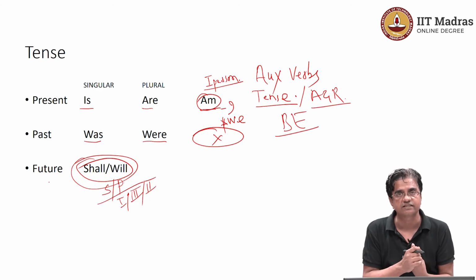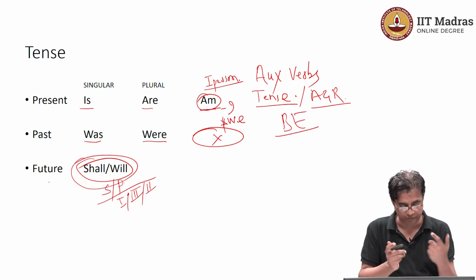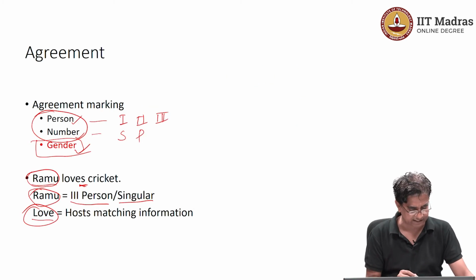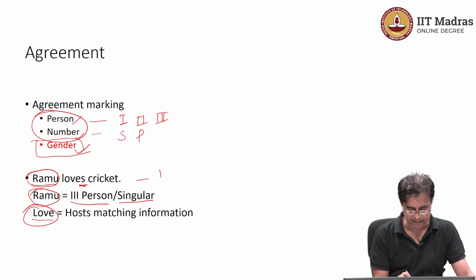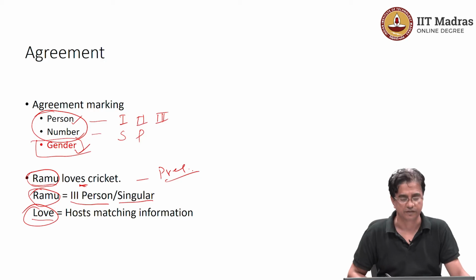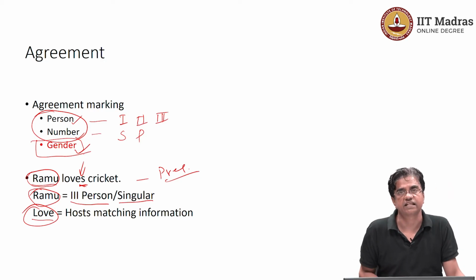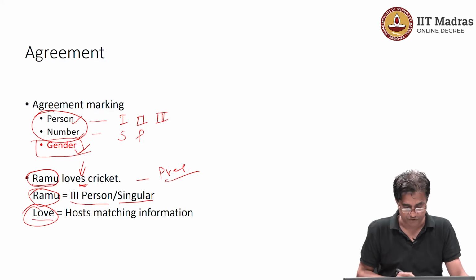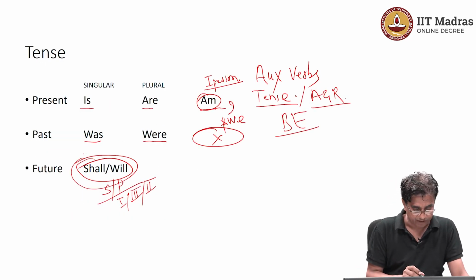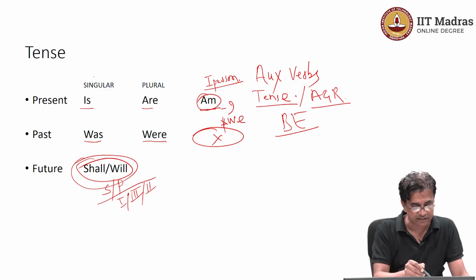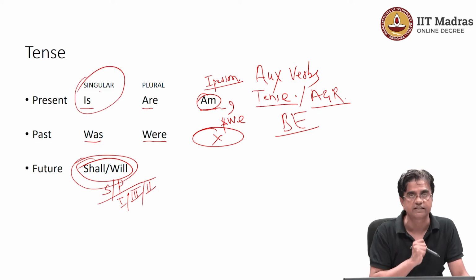We know it's a tense, but it's just zero, and we will see that as well. For example, just look at this sentence. John loves cricket. This is a present tense sentence. What tells us that this is a present tense sentence? Probably the same element carries tense information as well. You see here, is as a marker of present tense is also carrying agreement marker singularity.